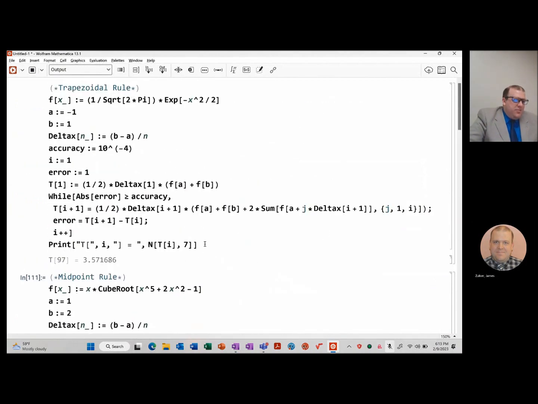Now let's run up and redo this. So again, I'm going to get rid of that 7. And we don't know how many sig figs we're going to have. It took 16 subintervals, so it looks like we're going to need 4 sig figs. 0.6821.